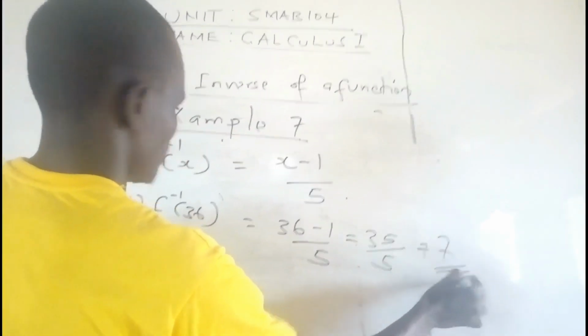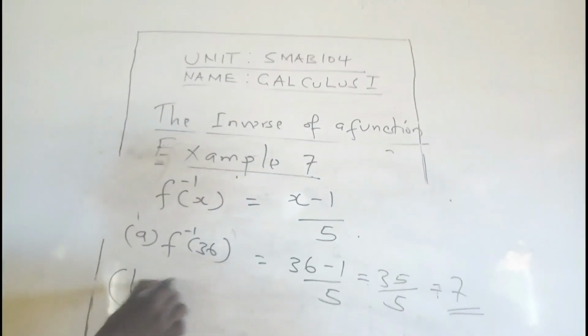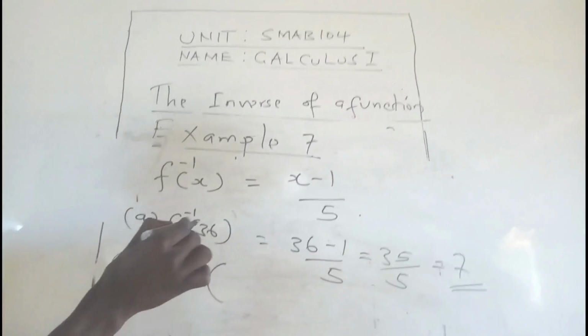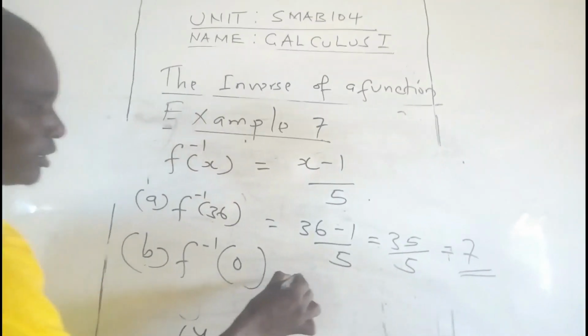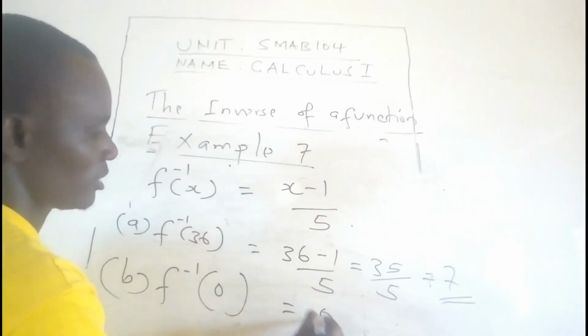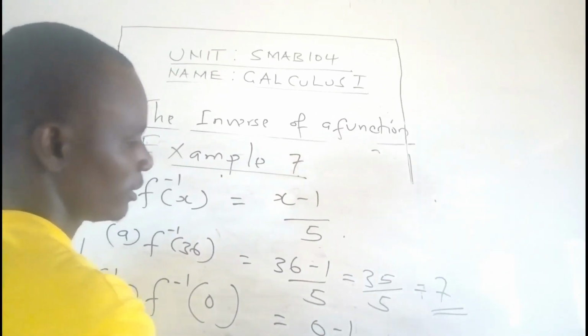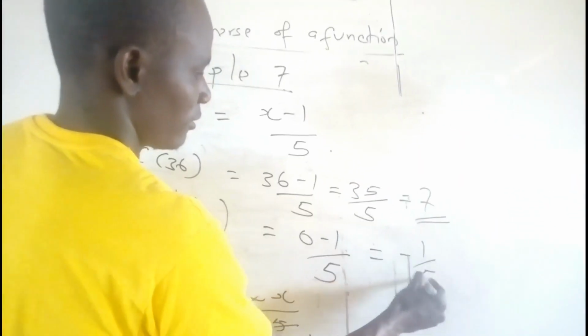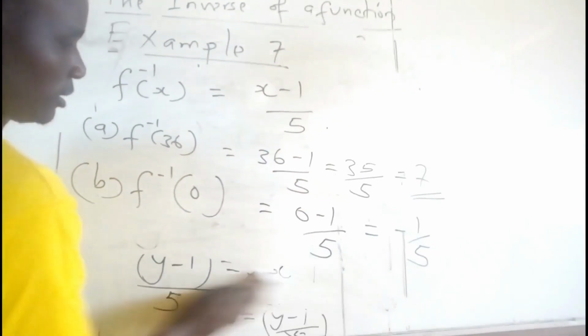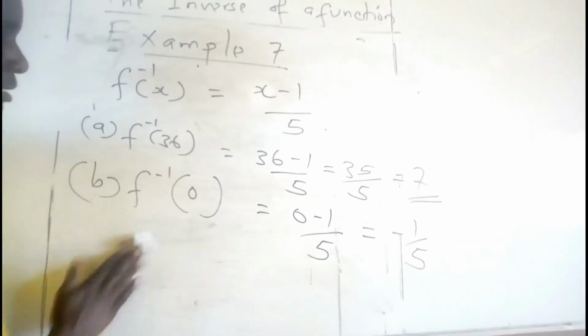The answer becomes 7. Then the last part, which is f inverse, we plug in 0. Here we'll have 0 minus 1 all over 5, which is negative 1 over 5. So these are the answers.